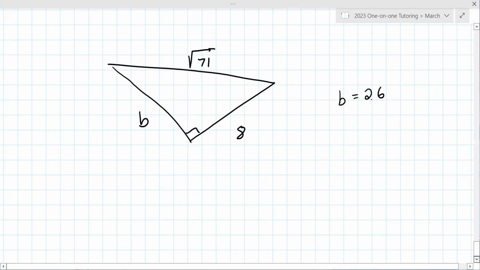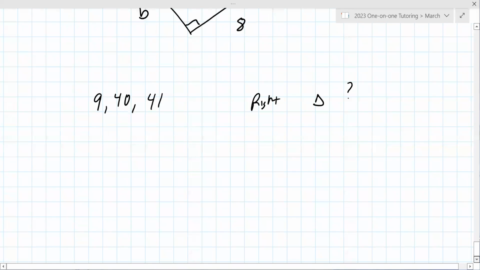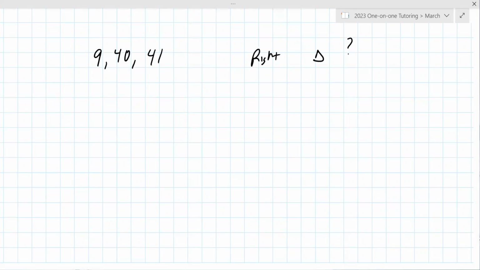Okay. Could these be the sides of a right triangle? So it's 41 squared, 1681, is equal to 40 squared plus... Yes. Okay.